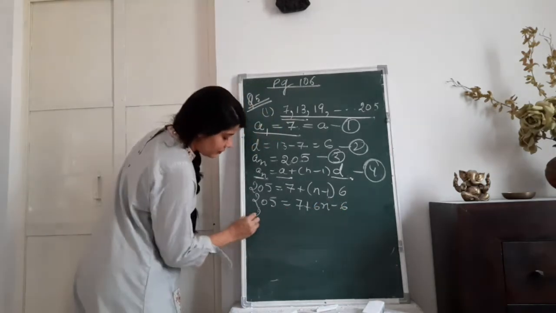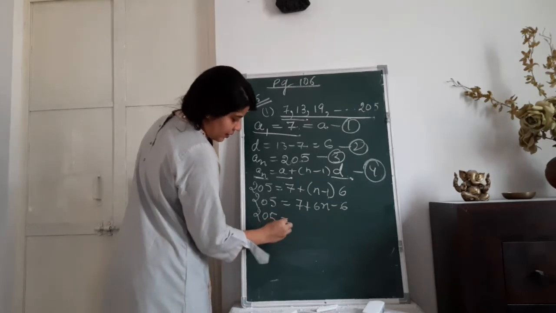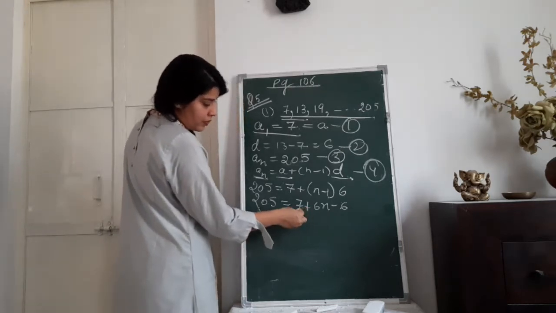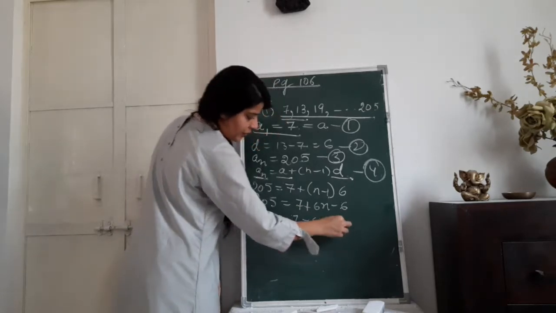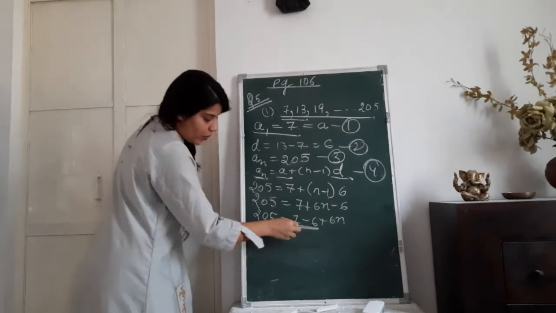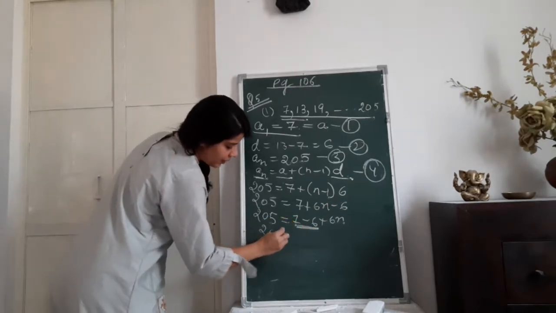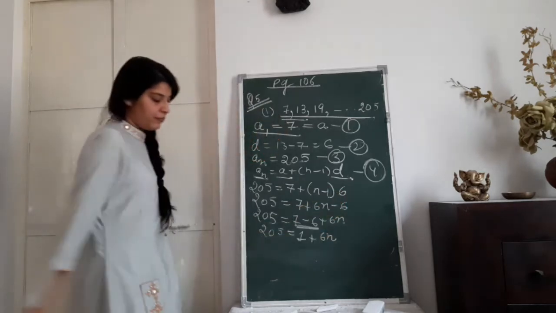Can I say it as 205 equals 7 minus 6 plus 6n? 7 minus 6 is 1. So 205 equals 1 plus 6n.